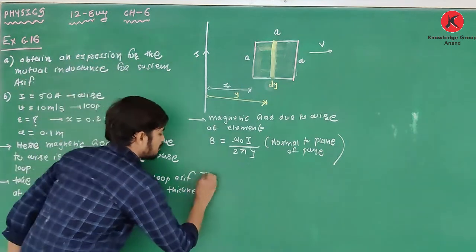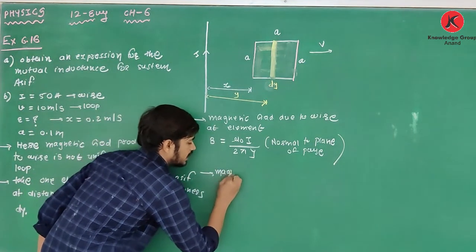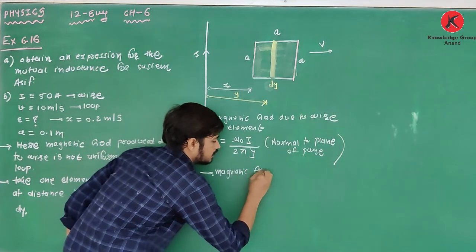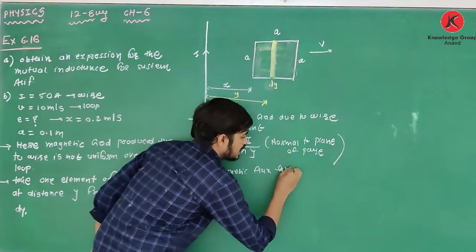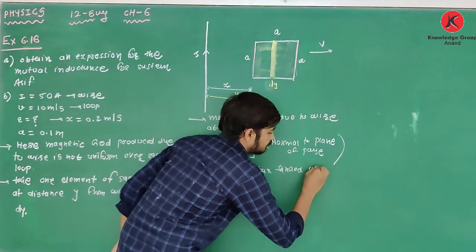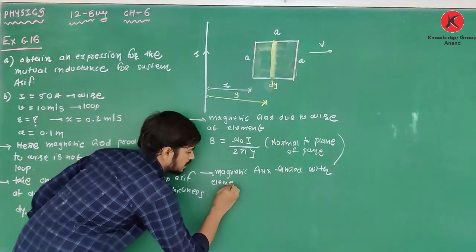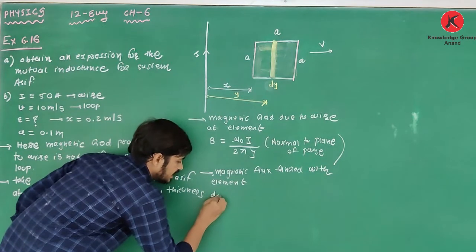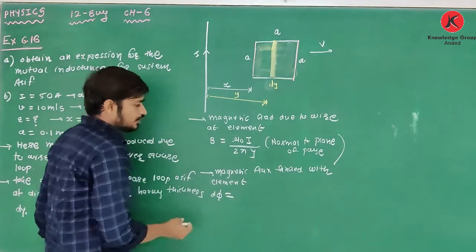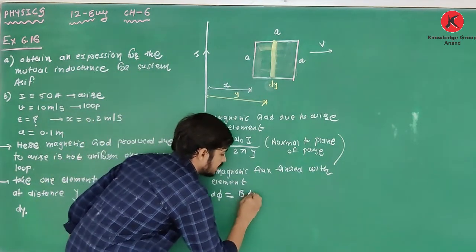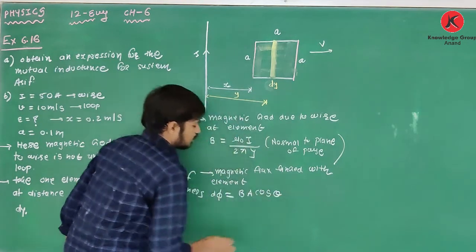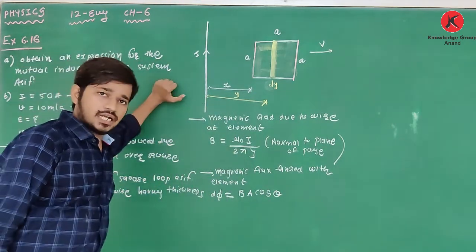So therefore, the magnetic flux linked with the element, d phi, is equal to, what is the equation of flux? Flux is BA cos theta. Yes or no?